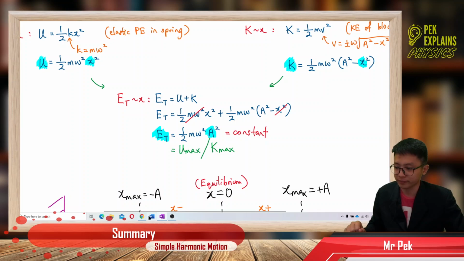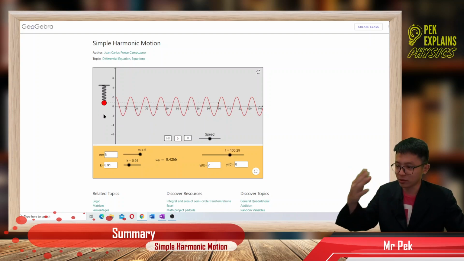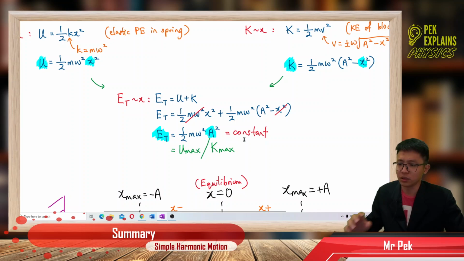Why constant? Because in the spring mass system, no damping happens and there is no loss of energy. This oscillation will continue indefinitely, forever, because the total energy is always constant. It just converts between two forms of energy. So the total energy is always constant, which is half m omega square A square.